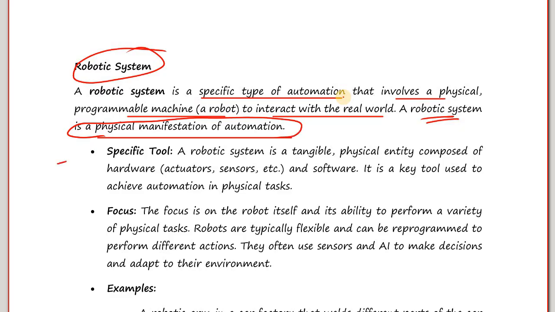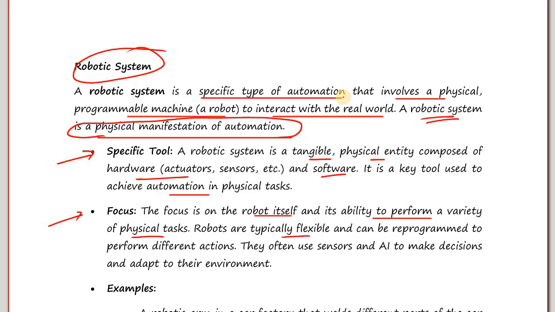Now, the specific tools that a robotic system uses are, you see, a tangible physical entity composed of hardware like actuators, sensors, and the software, the brain itself. It is the key tool used to achieve automation in physical tasks. Now, the focus here is on the robot itself and its ability to perform a variety of physical tasks.